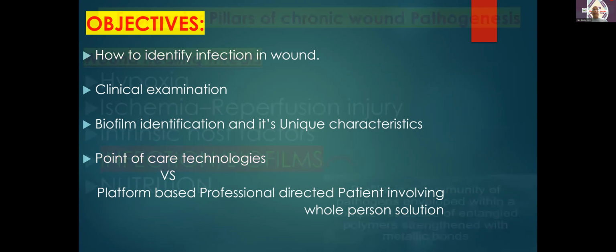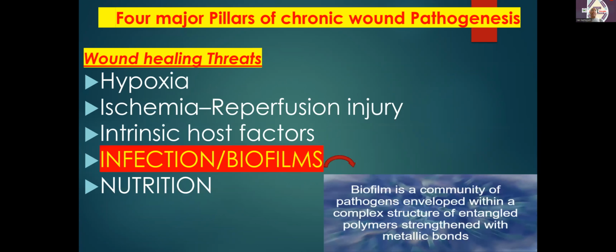So what are the major problems in wound care? Issues with hypoxia, ischemia reperfusion, intrinsic host factors, and infection biofilm, which we're going to focus on. We're not going to talk much about nutrition. Biofilm is a community of pathogens that are enveloped in a complex structure of entangled polymers strengthened with metallic bonds.